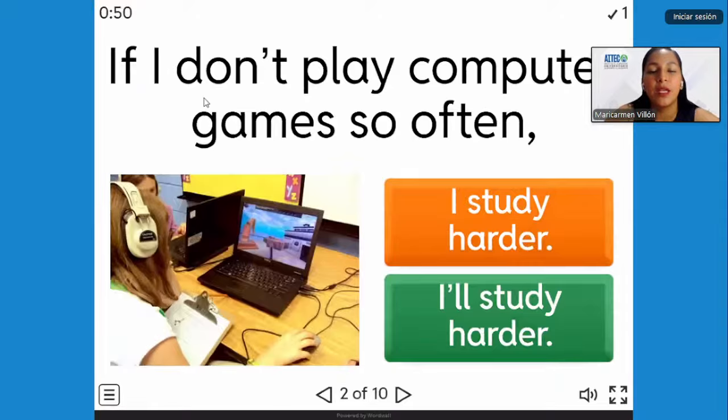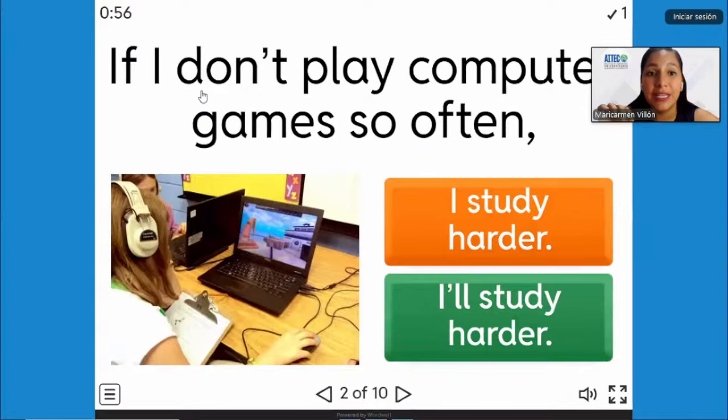Another one. If I don't play computer games so often, what would be the correct result?